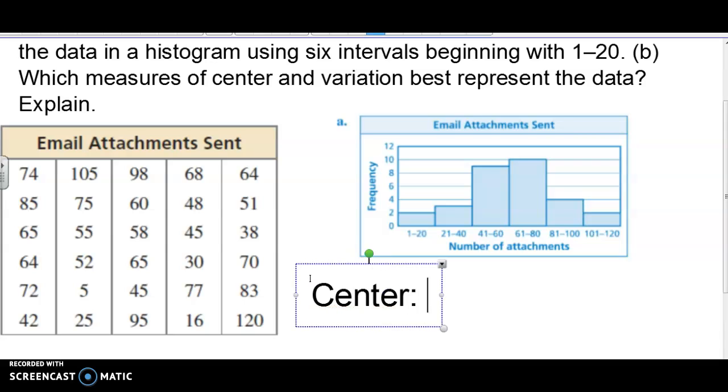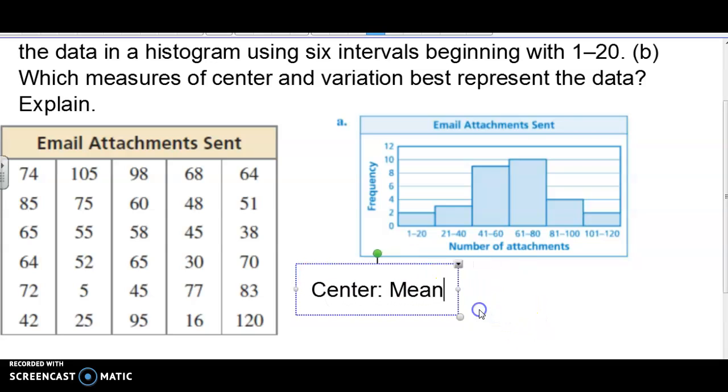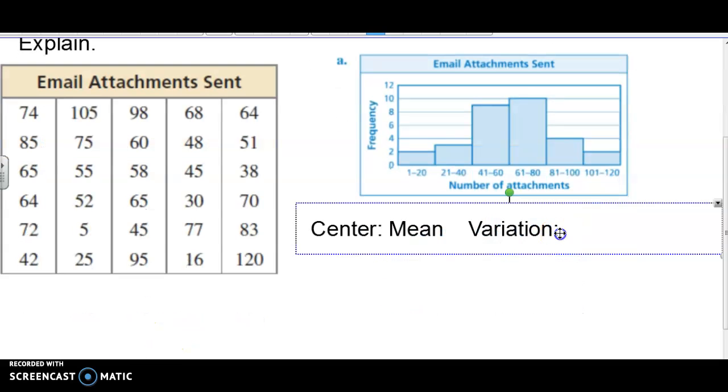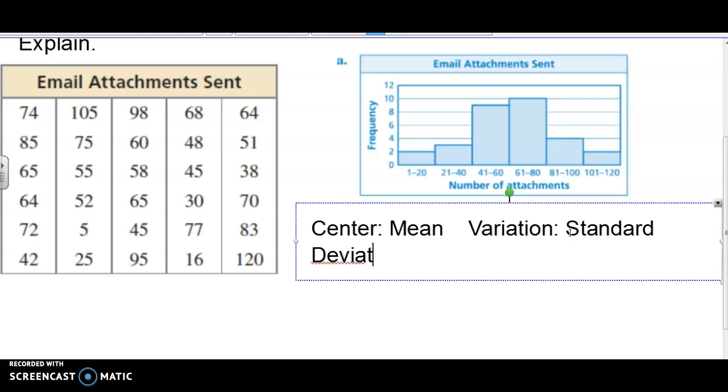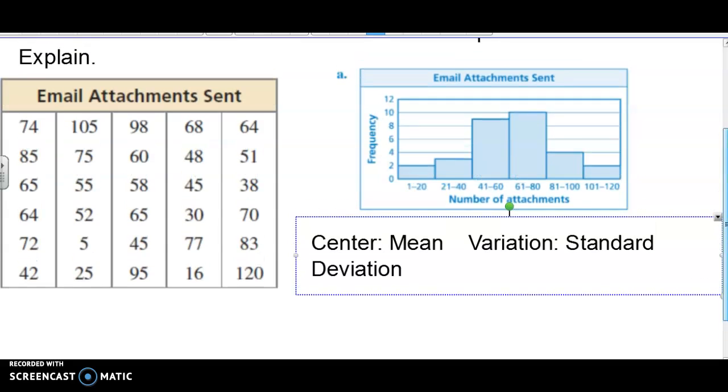That would be the mean. And the best measure of variation will be standard deviation. Since it is symmetric, those are our best measures of center and variation.